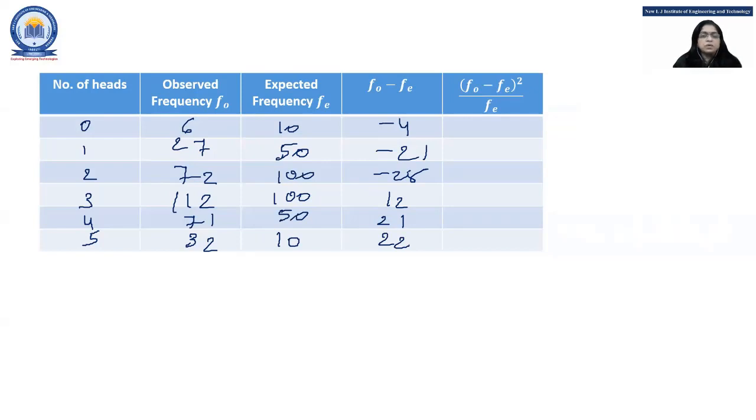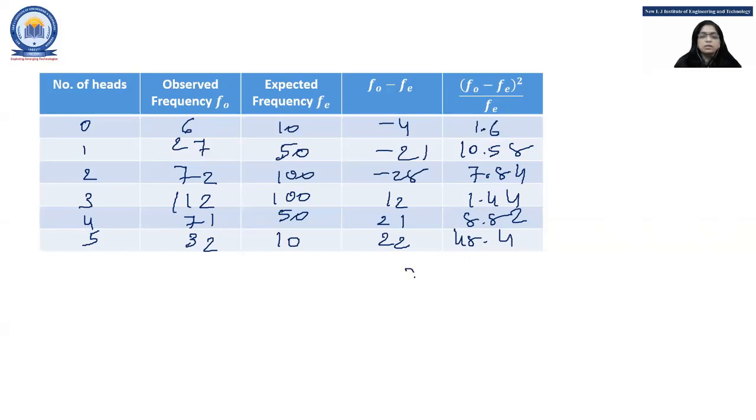After substituting in this formula, we'll get 1.6, 10.58, 7.84, 1.44, 8.82 and 48.4.